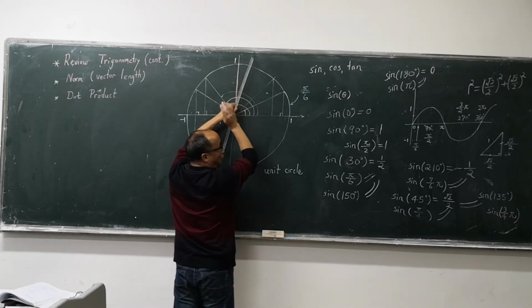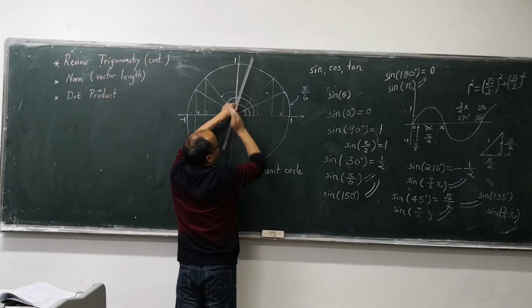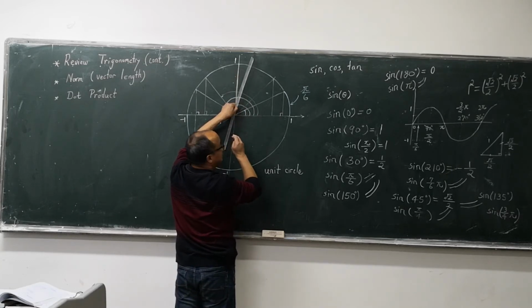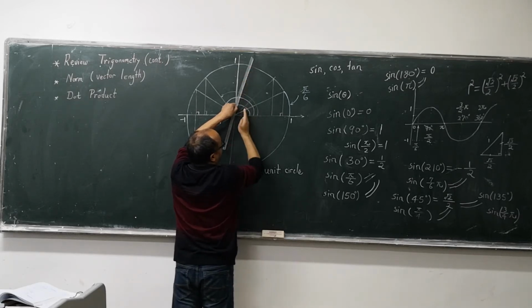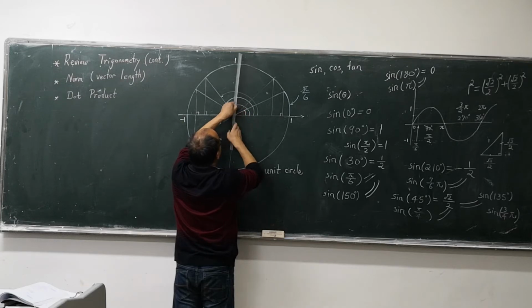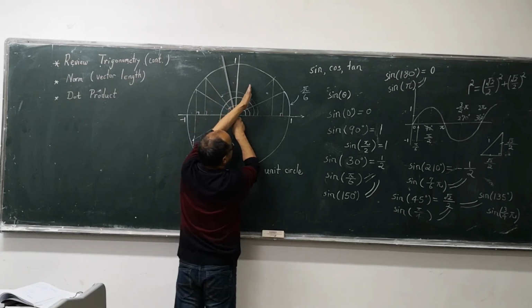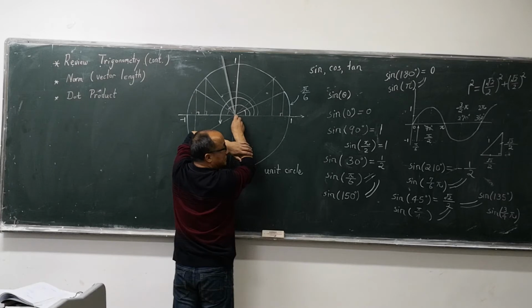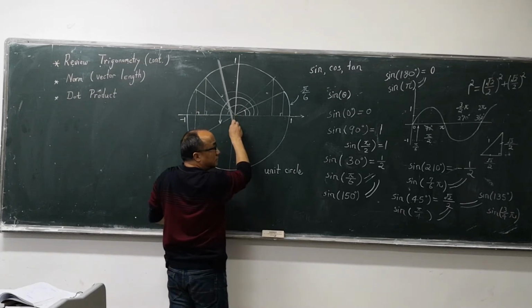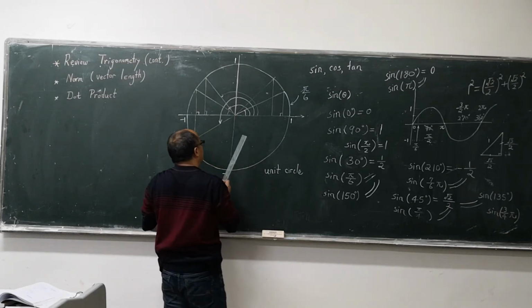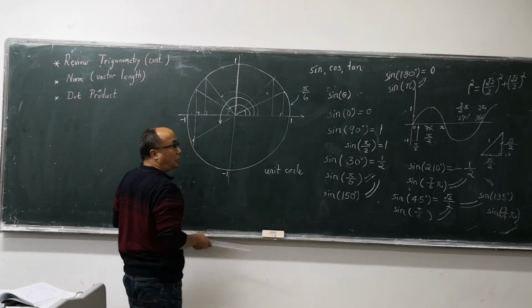It's very large, almost 1, but it's less than 1. 91 degrees is from here to here. This and this are equal. They are both positive. Very important, okay?